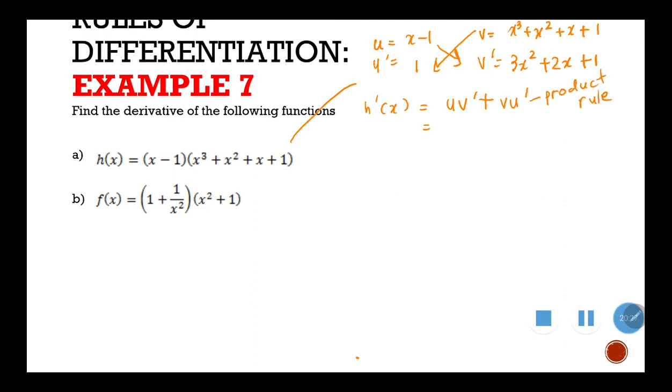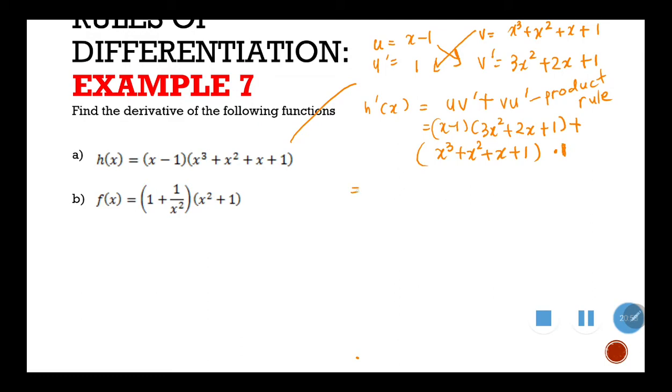So u v prime is x minus 1 times 3x squared plus 2x plus 1, plus v u prime, which is x squared plus x plus 1 times 1.